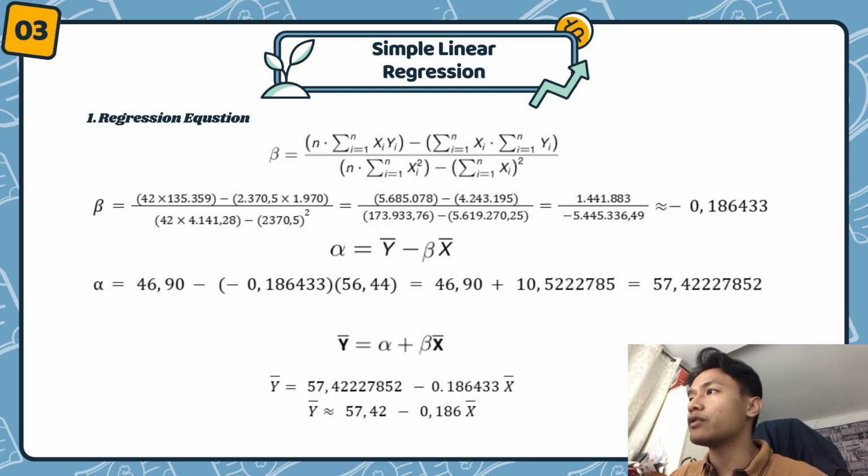So in this photo, we want to search for the y, because we have both alpha for the intercept and beta for the slope.